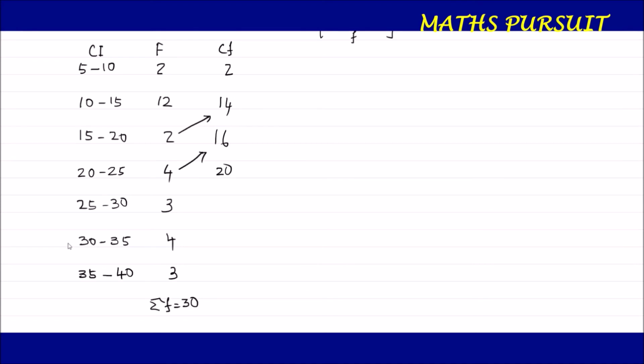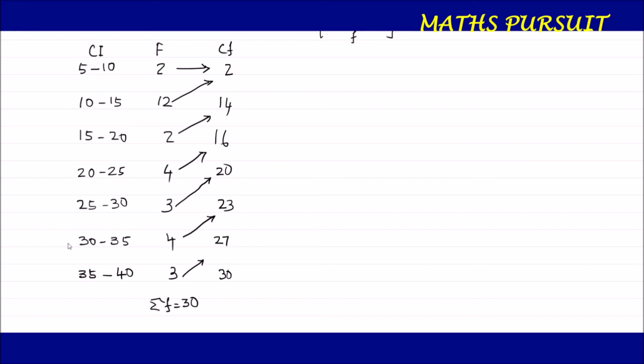We are just adding and calculating the cumulative frequency. 2 is as it is, then 12 gets added to 2, we get 14, 2 gets added to 14, we get 16, 4 gets added to 16, we get 20, 3 gets added to 20, we get 23, 4 gets added to 23, we get 27, and 3 gets added to 27, we get 30. The last digit of the cumulative frequency is also equal to the sum of frequency. That means our calculation is perfect.